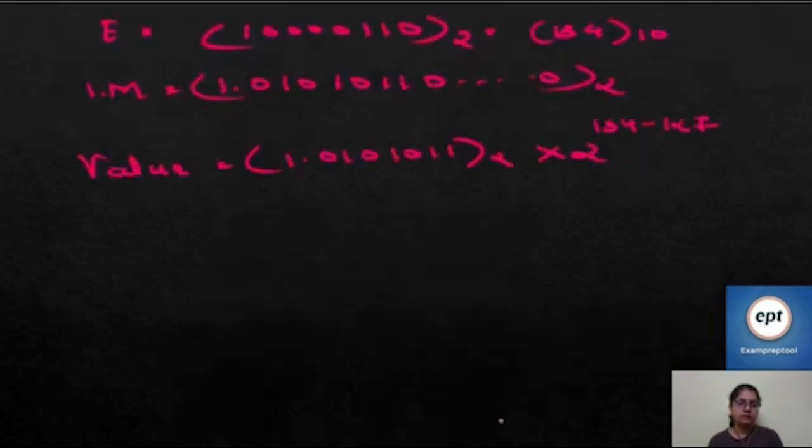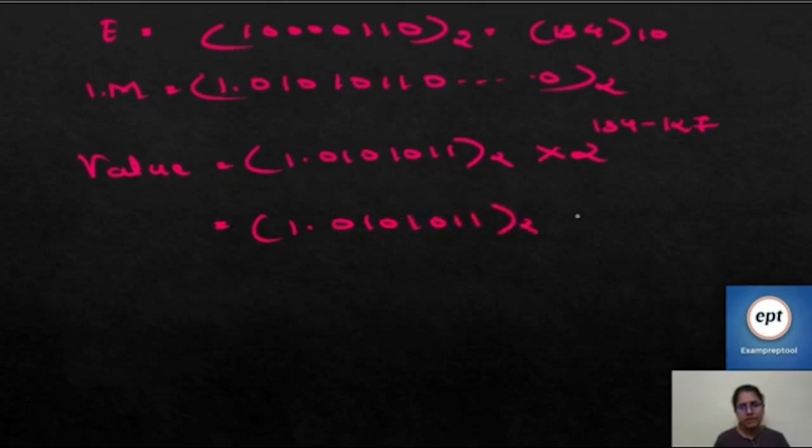This is the formula, so you can remember the formula and simply put the values in it. So what will be the values? Here this again will be 1.0101011 binary, and this will come out to be 2 to the power 7. Now how will things be?